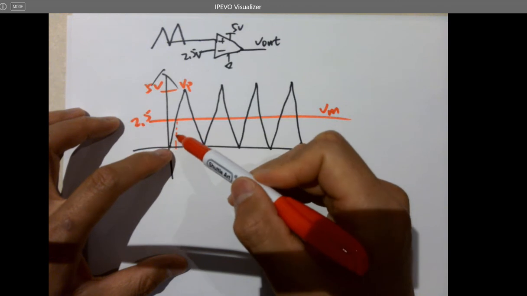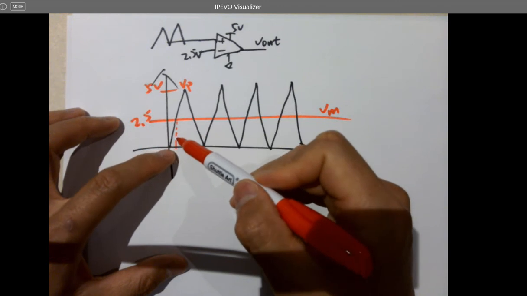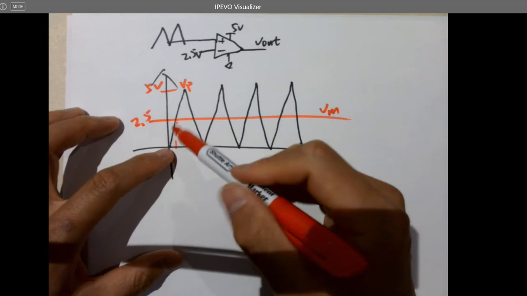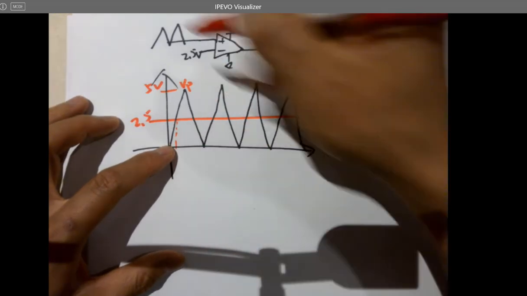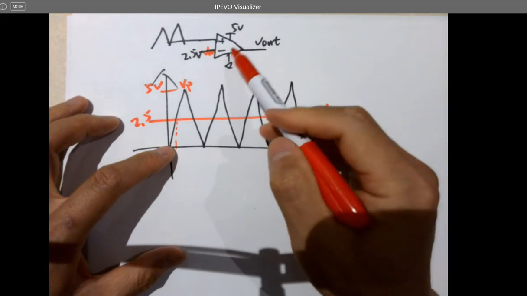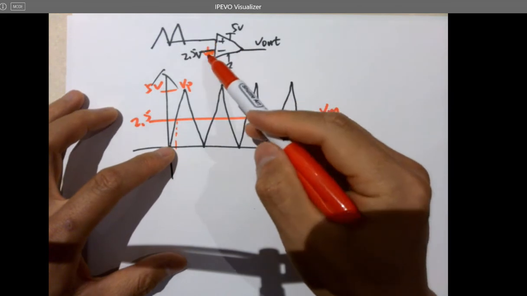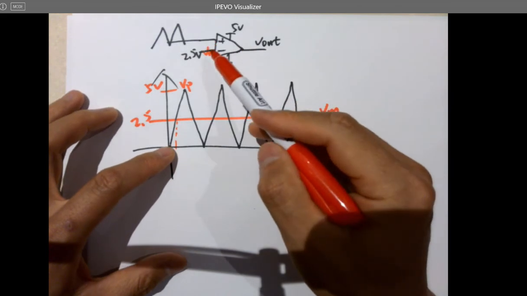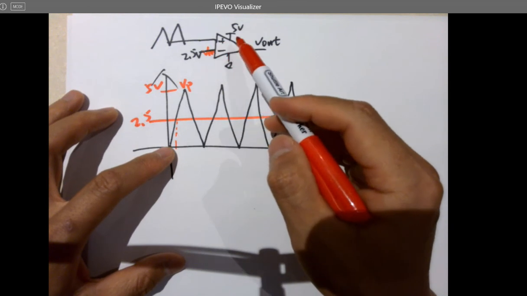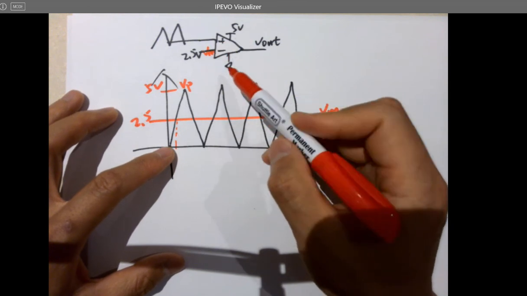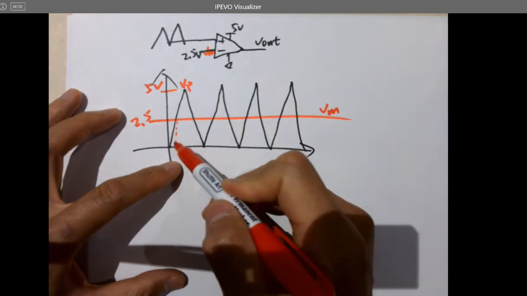You are supposed to draw that output. When VP is growing but still lower than 2.5, why 2.5? Because 2.5 is VM. This amplifier is going to compare these two inputs and amplify the difference like crazy. So for this time frame, it's going to be 0.